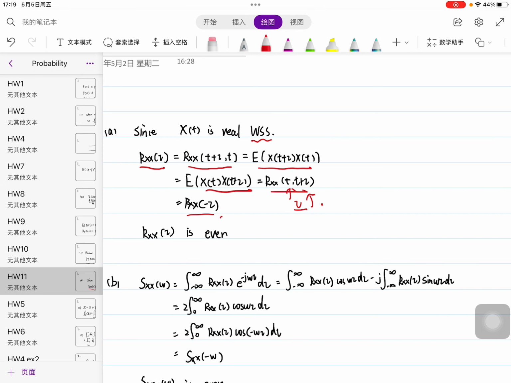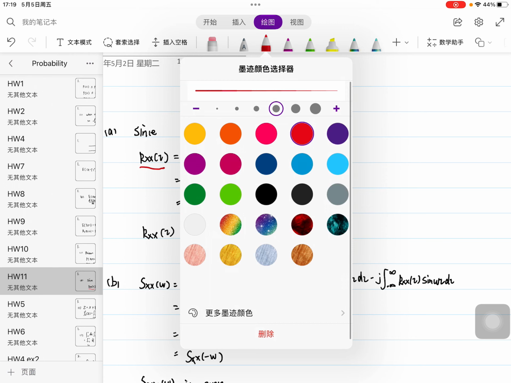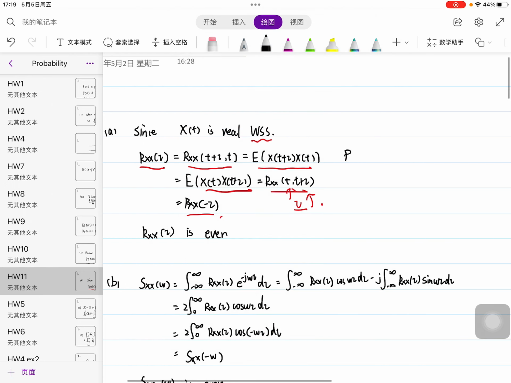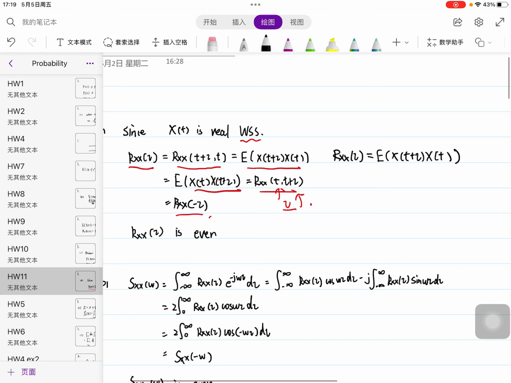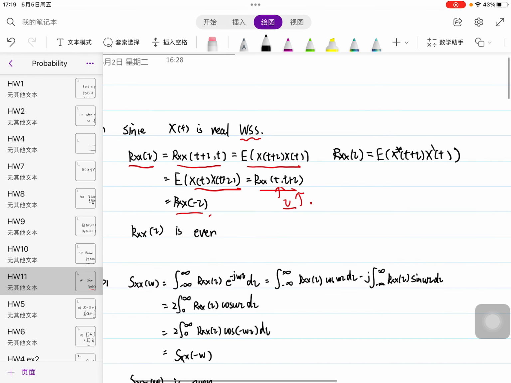Yes, and for the real part also, let me change color here. Based on the definition, it equals to x of t plus tau times xt. We want to prove it is real, so here it equals to xt minus tau and xt.